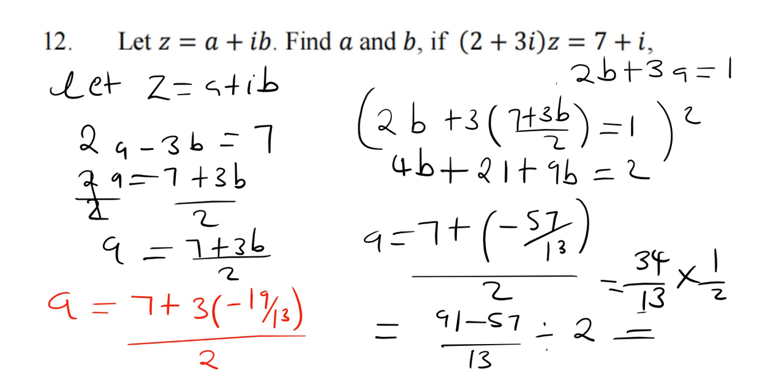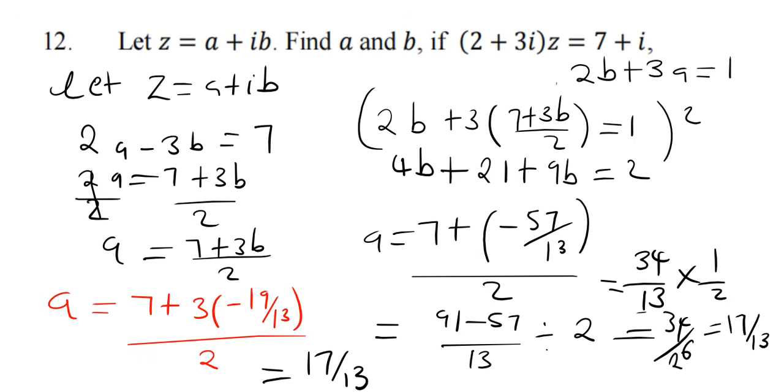So 34 over 2 multiplied by 13 is 26. Then I can reduce this further. 2 into 34 is 17, and 2 into 26 is 13. So I'm finding my a to be 17 over 13.